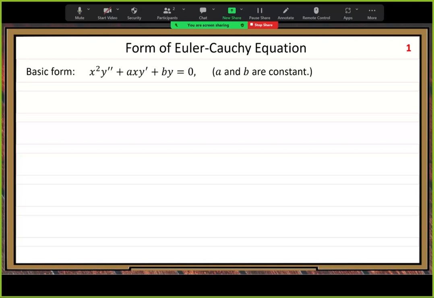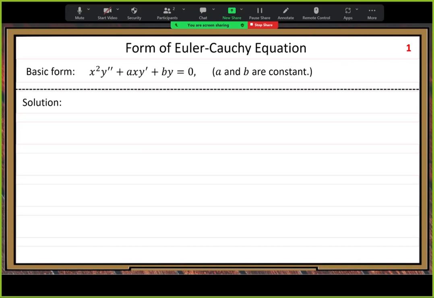Here, we also will rely on a special substitution. It's a pretty natural substitution, but you need to discover it. So let me show you the special substitution here.